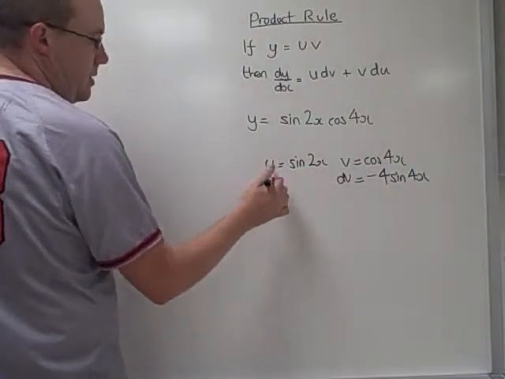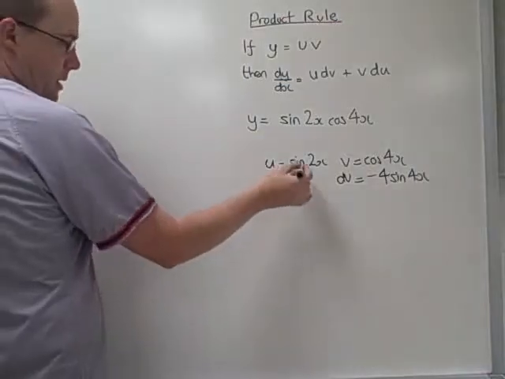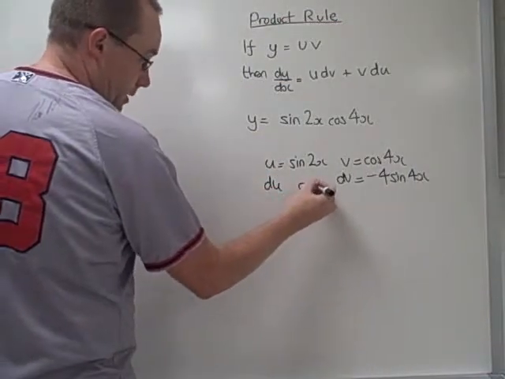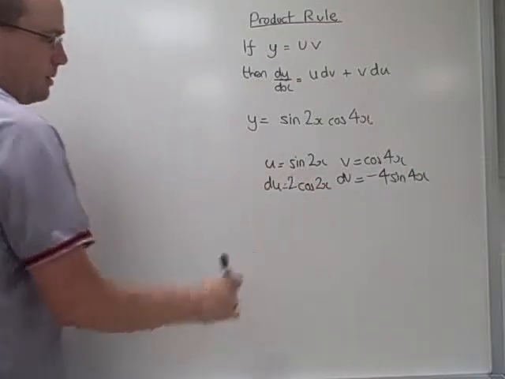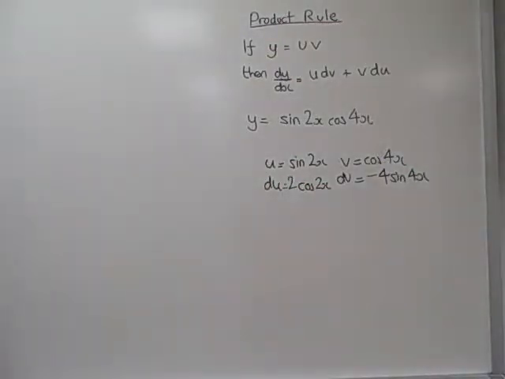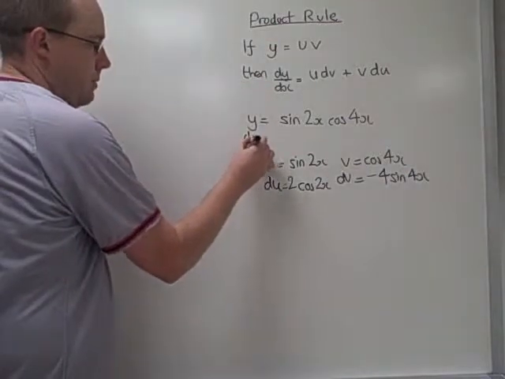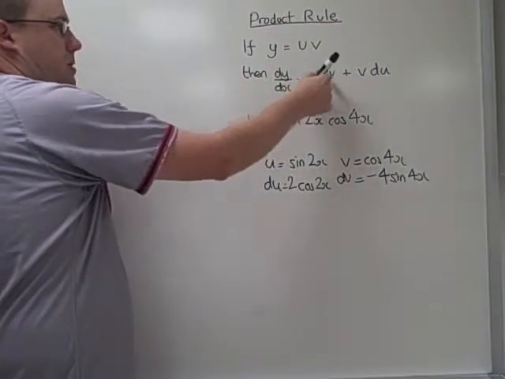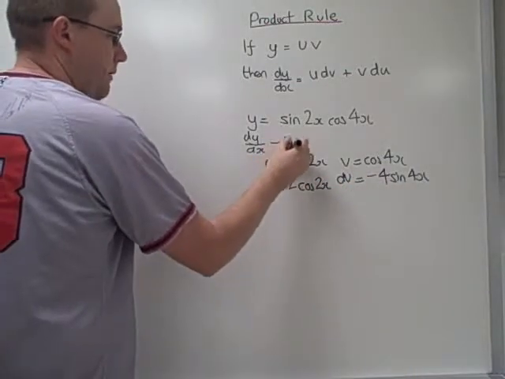Now if I do the same thing with u, if I work out du, because that's part of the formula here, then the differential for sine is positive cosine, and derivative of 2x is 2. So I get 2 cosine 2x. Now if I use this formula then to find out what dy by dx is, I do u dv, which is these two expressions here, and I'm going to bring the negative 4 to the front.